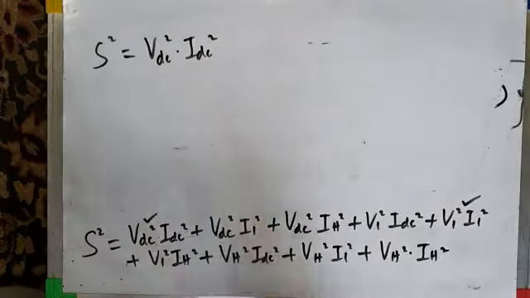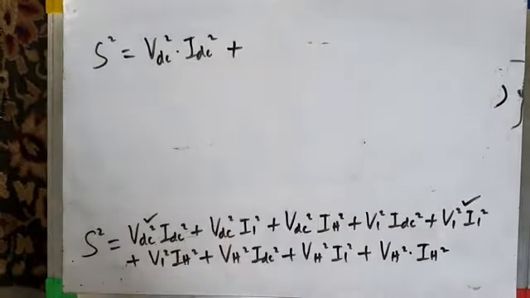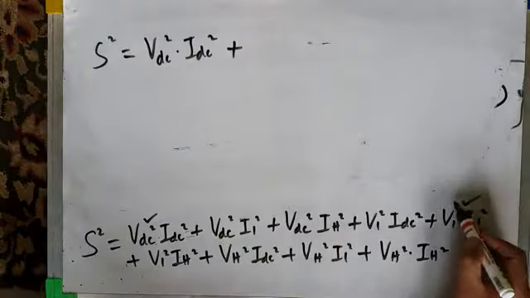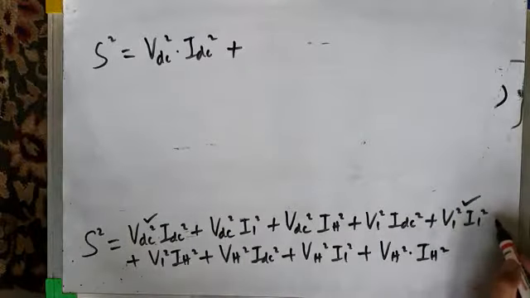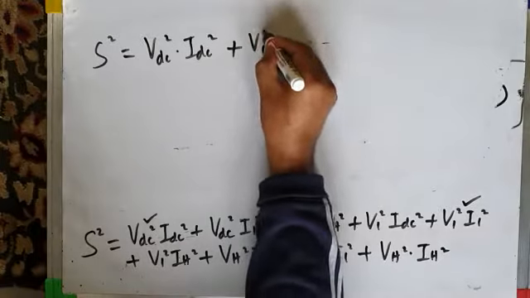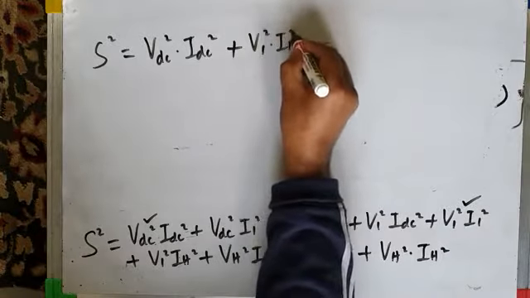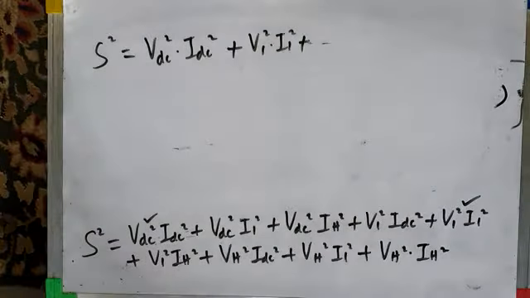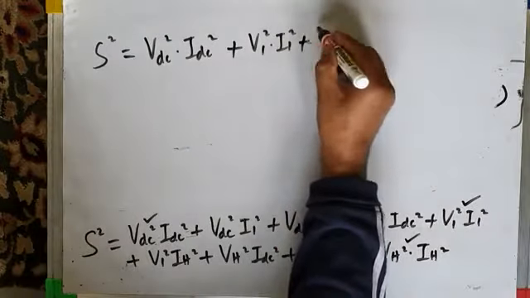Fine. So I will take it plus the apparent power due to the flow of fundamental voltage and fundamental current, V1 square into I1 square. Plus, after this I will write the apparent power due to harmonic components of voltages and currents, VH square into IH square.